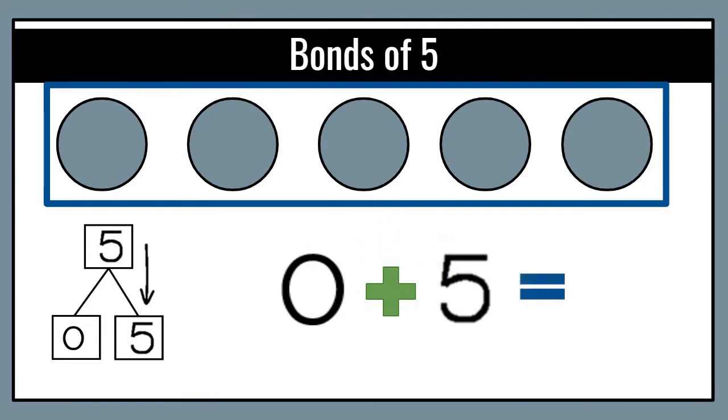Remember, she gives us all the answers. 0 plus 5 equals 5. Well done. If I have nothing and I put 5, then I have 5. Now we can say that 0 and 5 are bonds of 5.